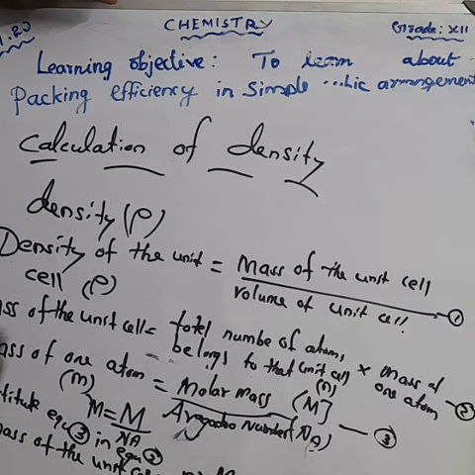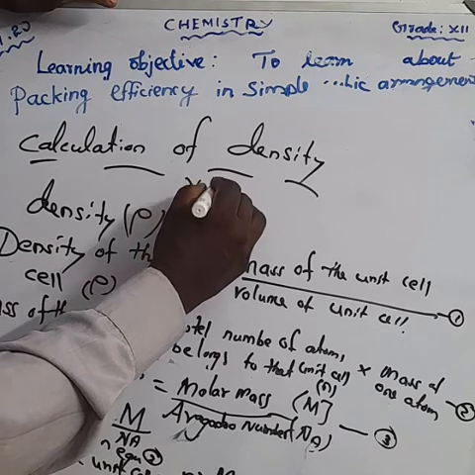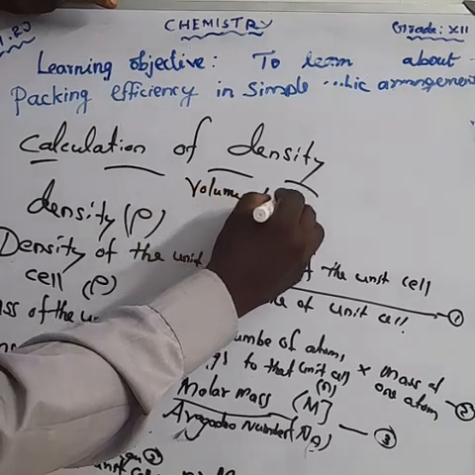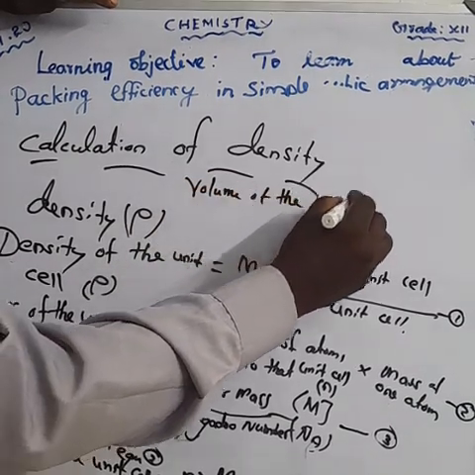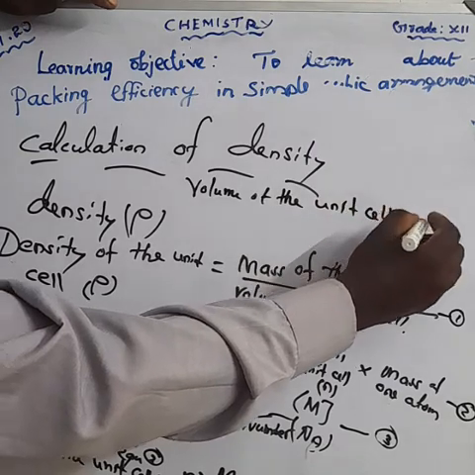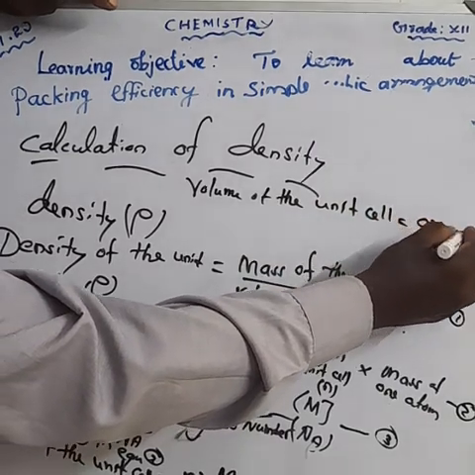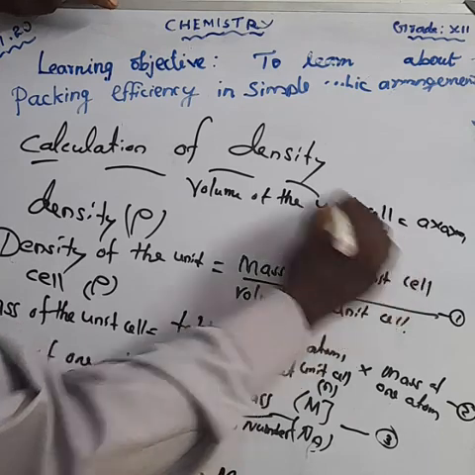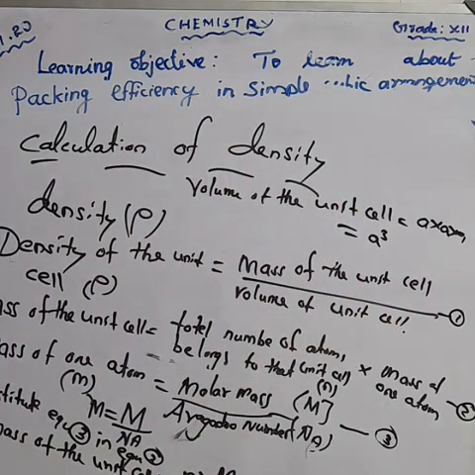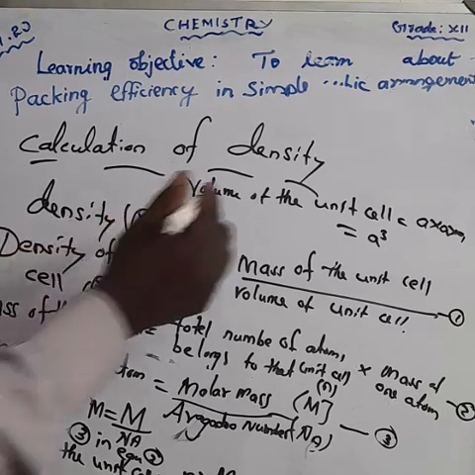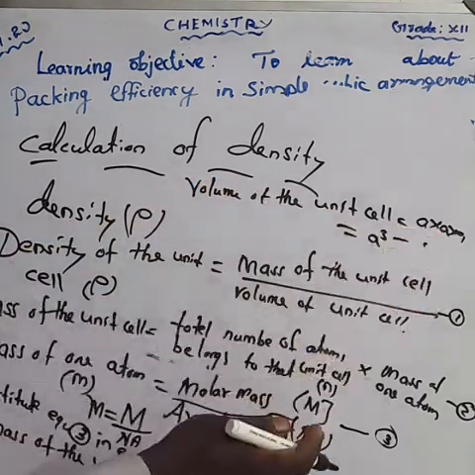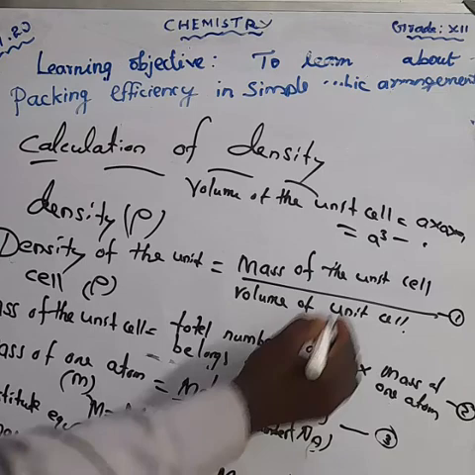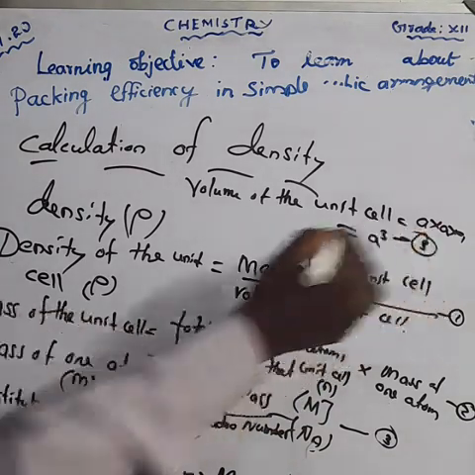Already we learned that the volume of the unit cell is a into a into a. What is that? a cube. So this is equation number 4 and this is equation number 5.